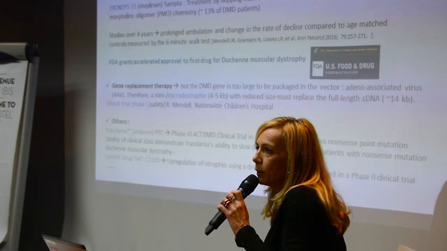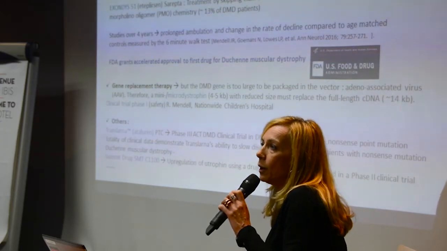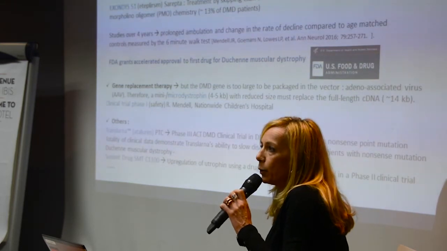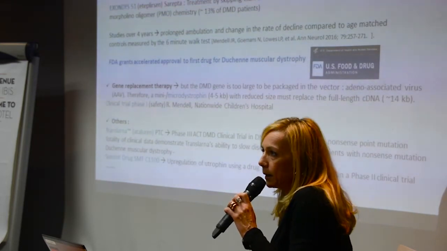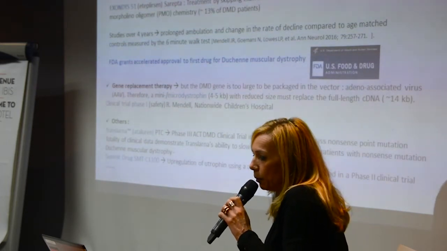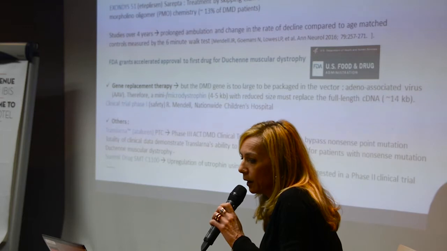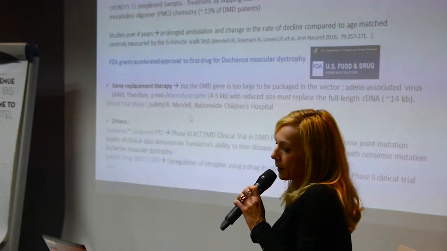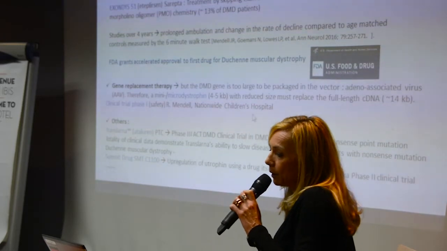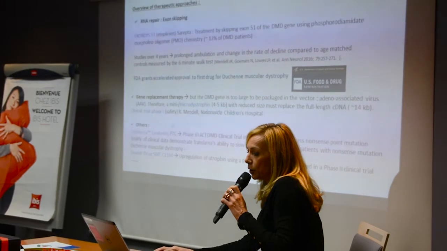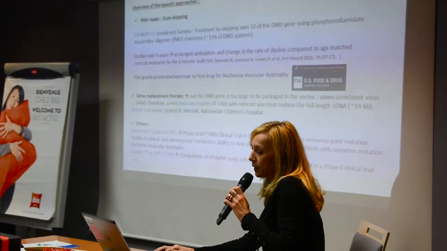It's a long way to establish the best microdystrophin, to be sure that every function and binding site is in it. But there is a clinical trial carried out at the National White Children's Hospital by Dr. Mendel. It's a phase 1 for safety.